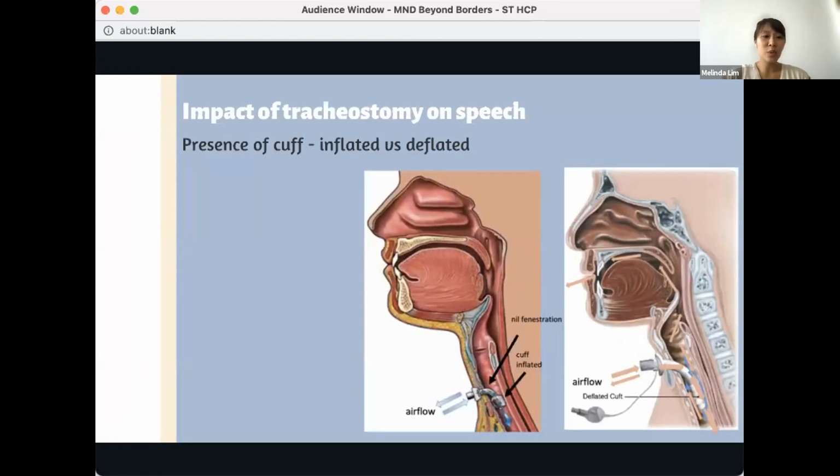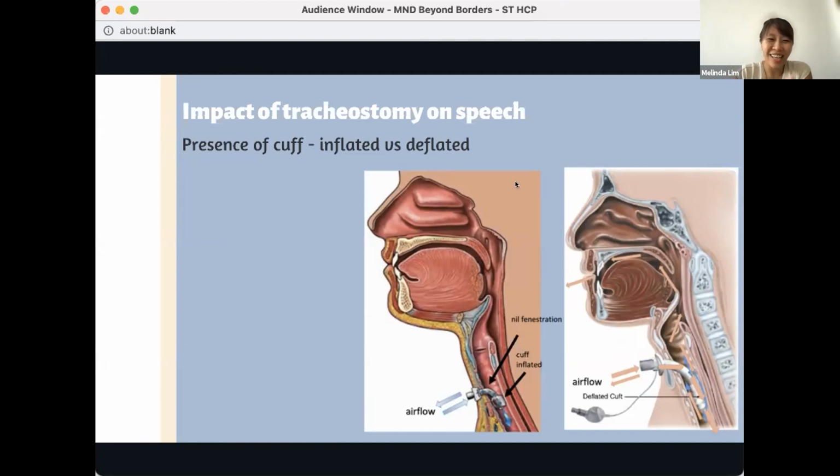Okay, so just quickly talking about the impact of tracheostomy on speech. For patients on a tracheostomy, the setting of the tracheostomy tube makes a huge difference as to whether verbal speech is possible or not.